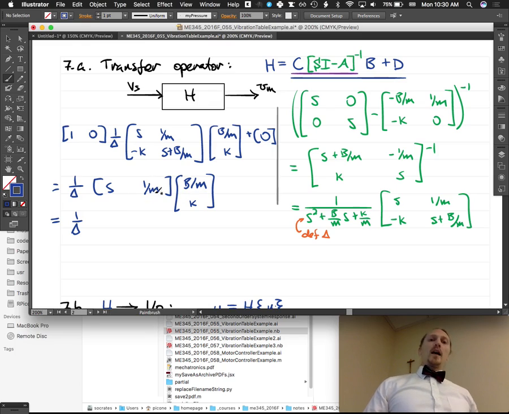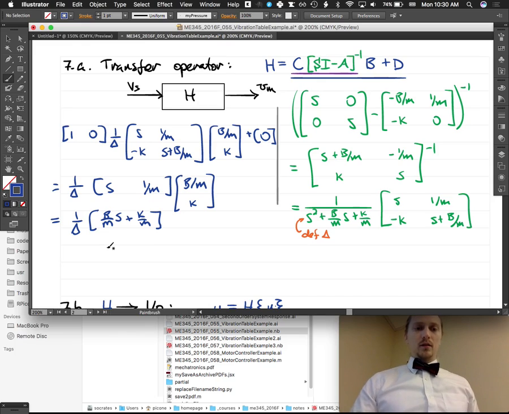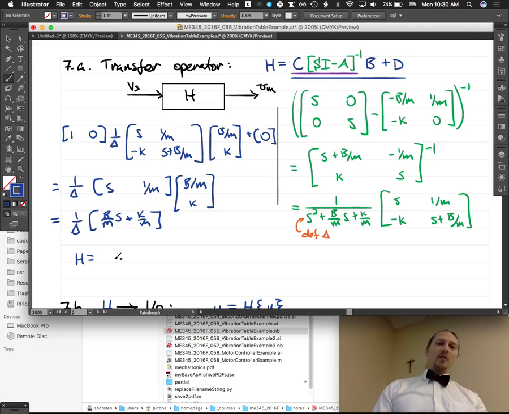So now this is just also known as the inner product or dot product. Right here, we just have S times B over M. So we have B over M S plus K over M, right? So what we've got is H equals, I will write it out in all of its glory.